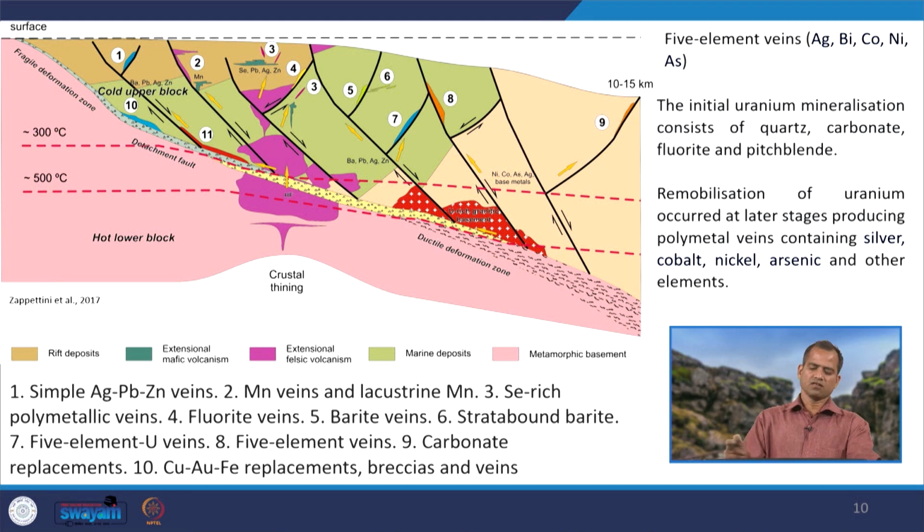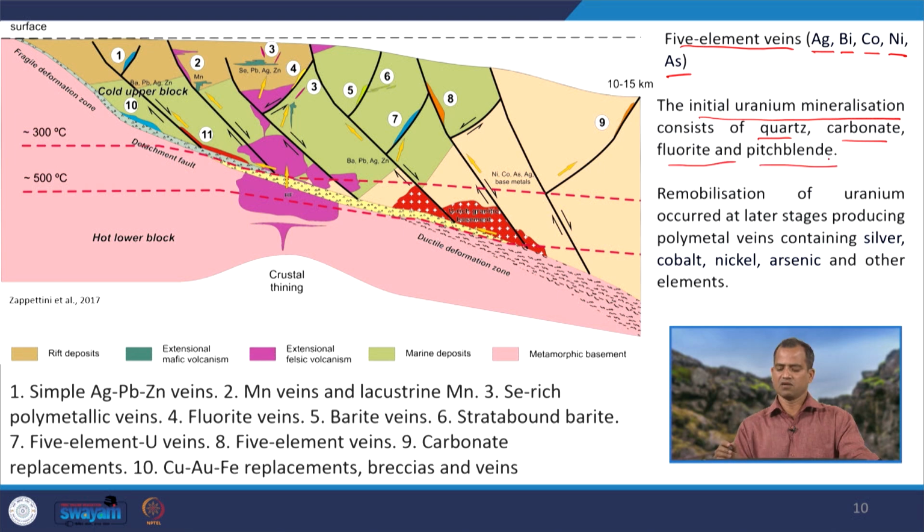And here is a diagram showing the five element veins, that is Ag, Bi, Co, Ni and As. The initial uranium mineralization consists of quartz, carbonate, chlorite and pitchblende. Remobilization of this uranium occurred at a later stage, producing polymetal veins containing silver, cobalt, nickel, arsenic and other elements.